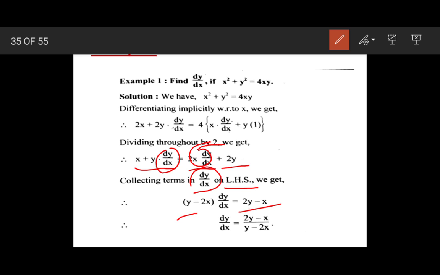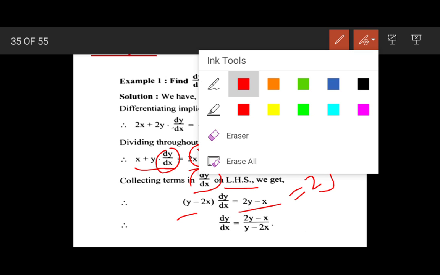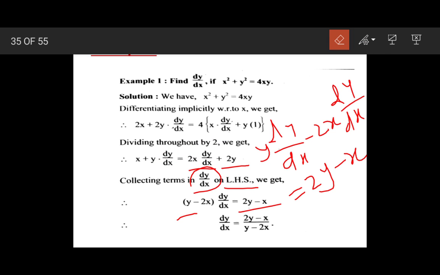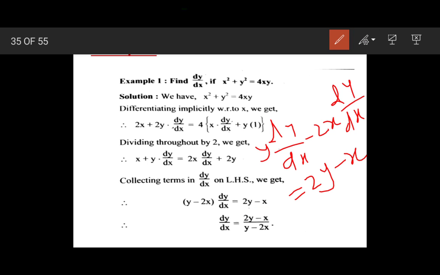So this y dy upon dx minus 2x dy upon dx is equal to 2y minus x, right? This is the term which I am getting. Now dy upon dx is common.